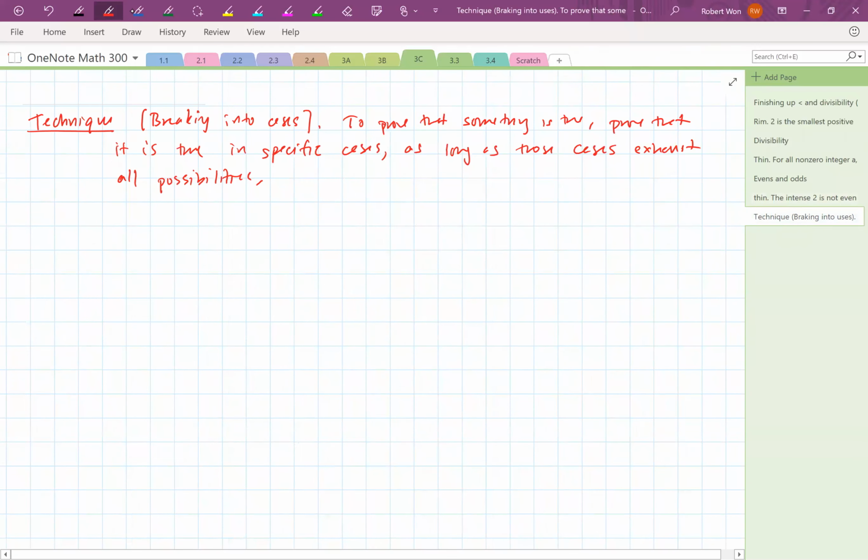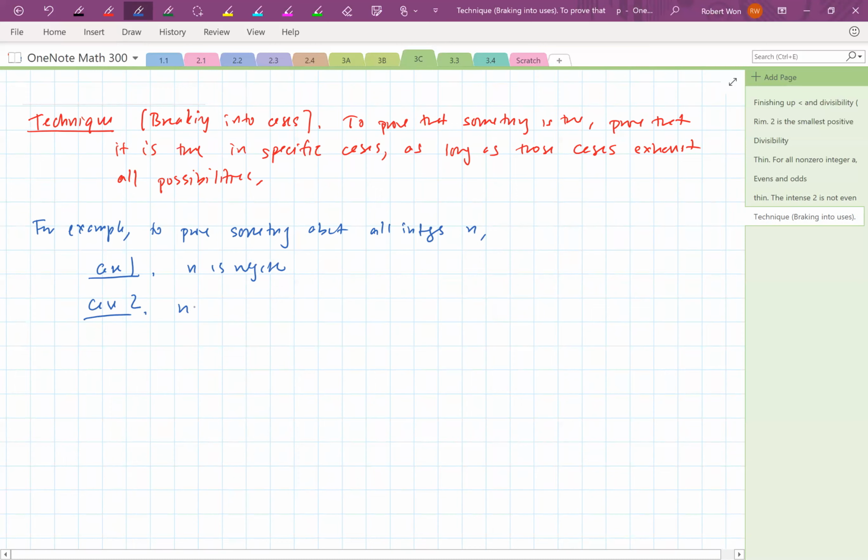Okay. As another example, to prove something about all integers n, maybe you'll have case 1, n is negative, case 2, n is 0, case 3, n is positive. And by trichotomy, this will be all the cases.